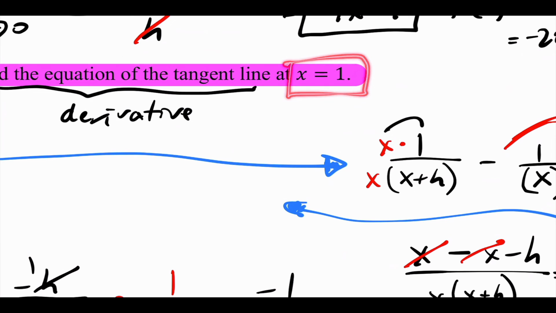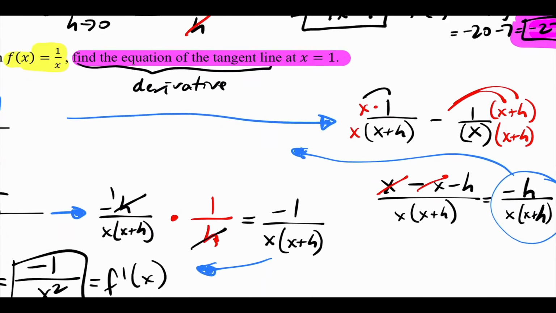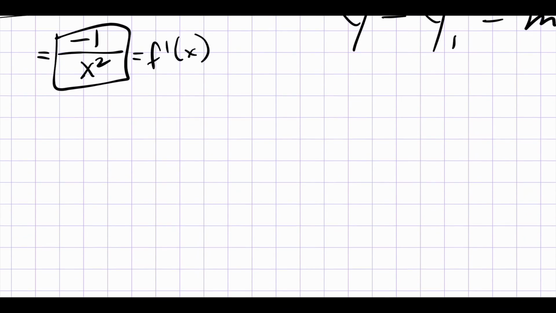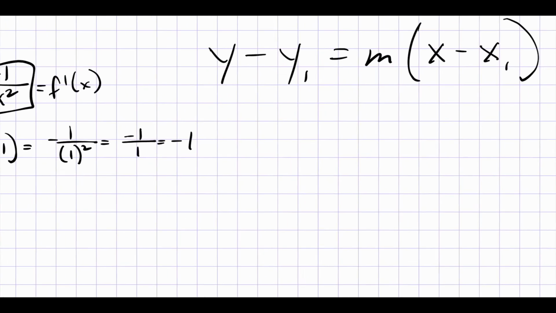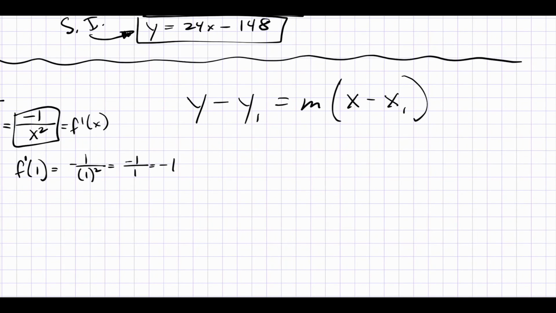So that's the value we're going to plug in for x. X equals 1. So f prime of 1 equals negative 1 over 1 squared, which equals negative 1. So the slope is negative 1.